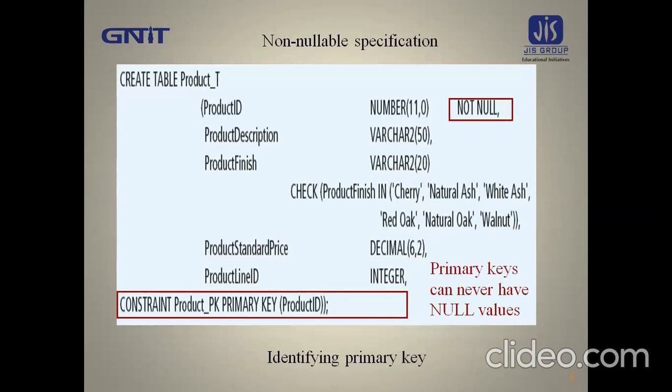Now let's see the not null specifications. Because product ID is a primary key, that constraint we have written at the end of the table. Product ID as a primary key can never have null values, because the primary key is used to define how all the entries are distinguishable from each other.